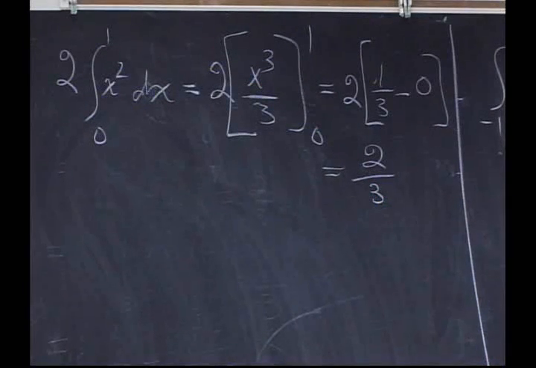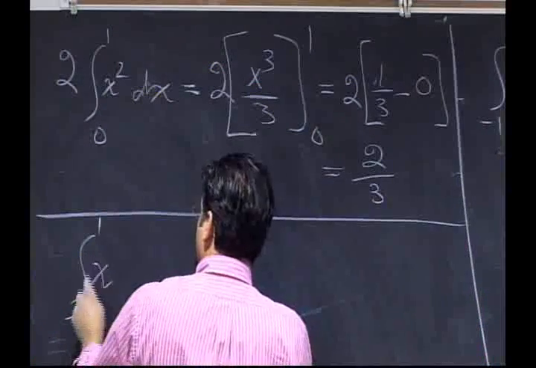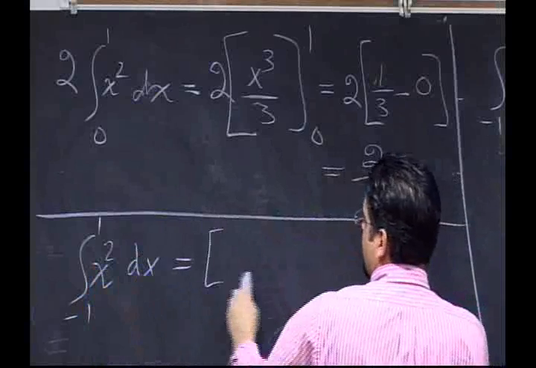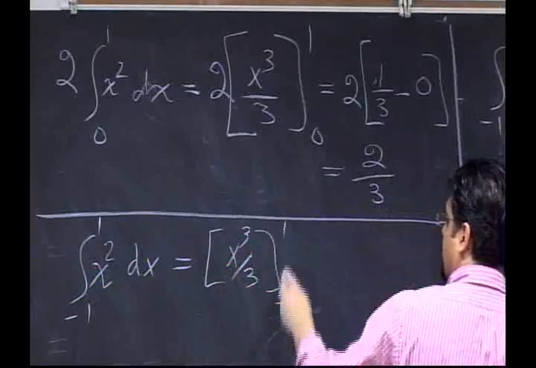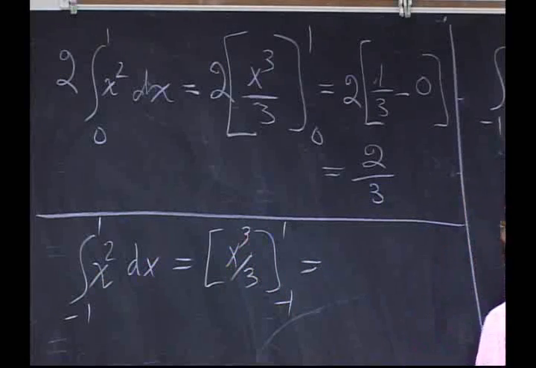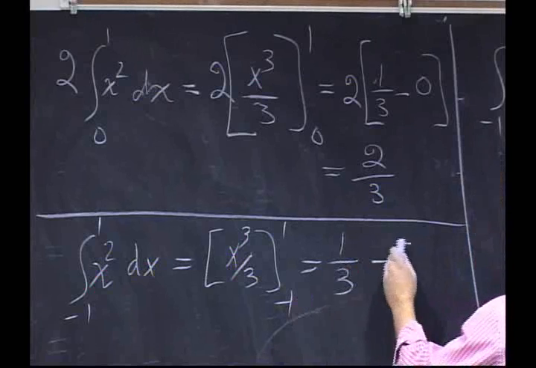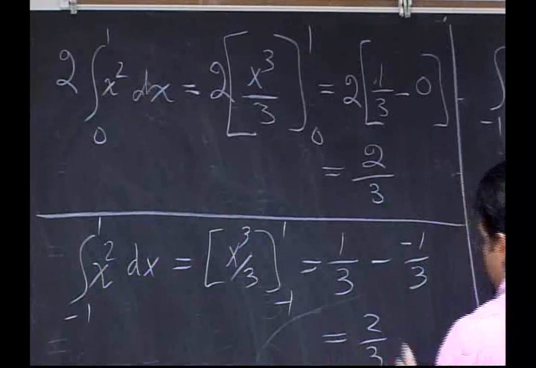And then if I do the other one, the integral from negative 1 to 1, I get x cubed over 3 from negative 1 to 1. So at 1 it's 1/3, minus at negative 1 it's negative 1/3. What is that? 2/3.